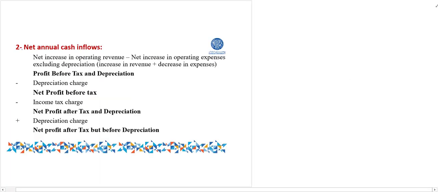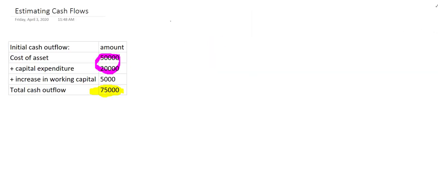The second part is regarding annual cash inflow. So annual cash inflow should be calculated. How to calculate? This was the formula. You know it. Please remember this before coming to the class. Now let us calculate this one. Annual cash inflow. Of course, we have several columns for this.